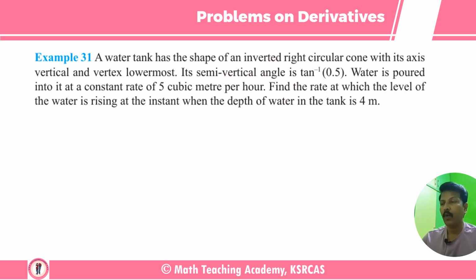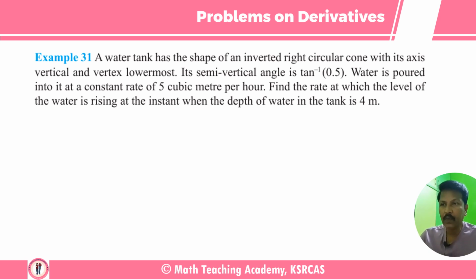In this problem, what they have given is a water tank has the shape of an inverted right circular cone, and its semi-vertical angle is tan inverse 0.5. And they are pouring water in the tank at the rate of 5 cubic meter per hour.